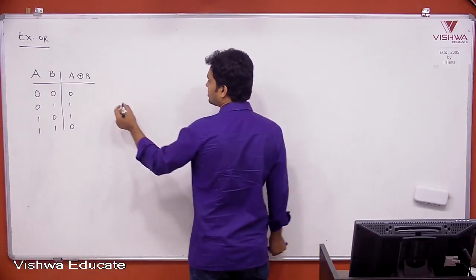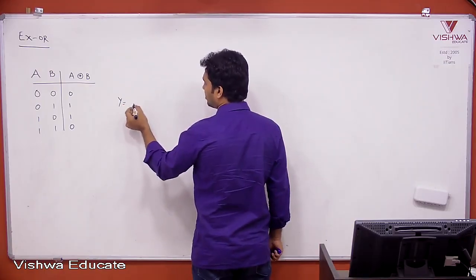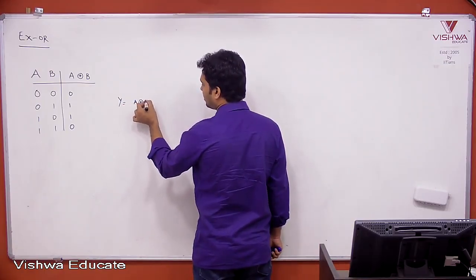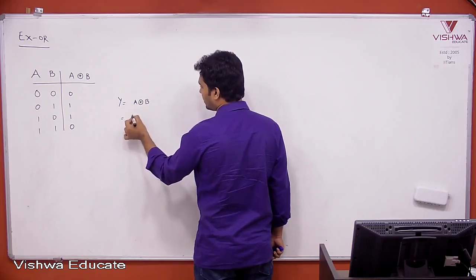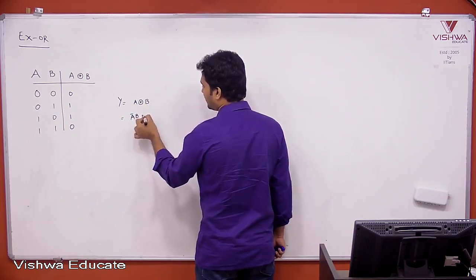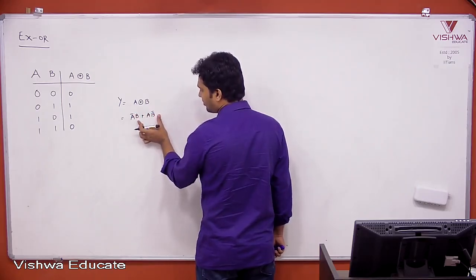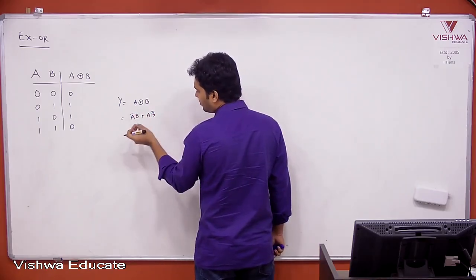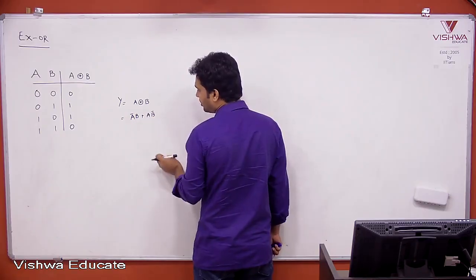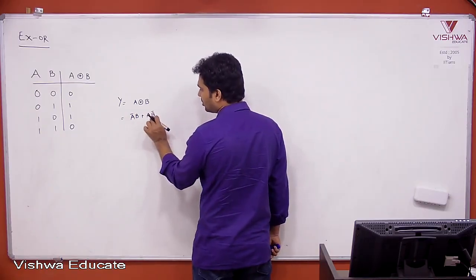See here, this is the expression for XOR. Y is equal to A XOR B. It can be written as A bar B plus A B bar. For the time being, just understand this is the function. Later, when we discuss SOP and POS concepts, I will explain clearly how you got this expression.